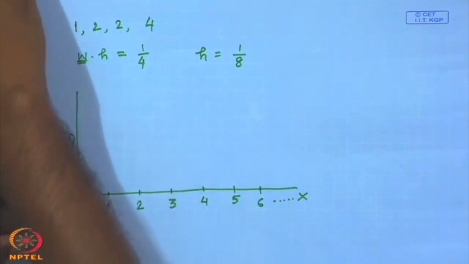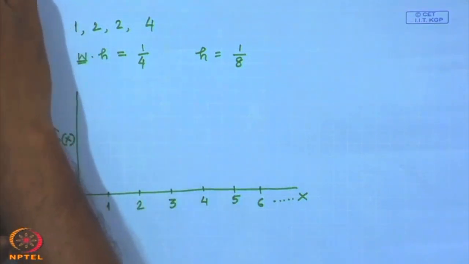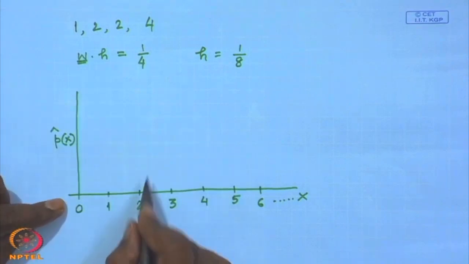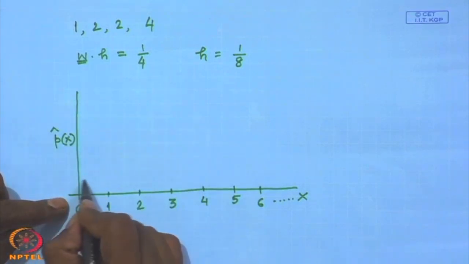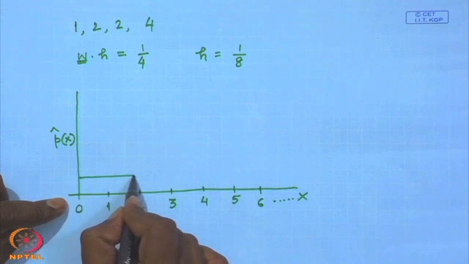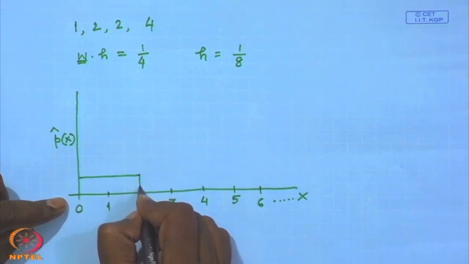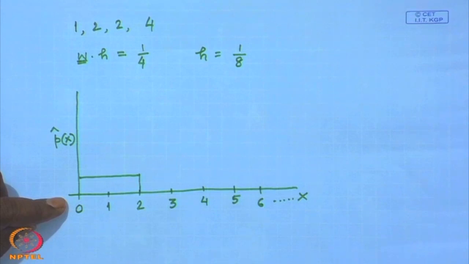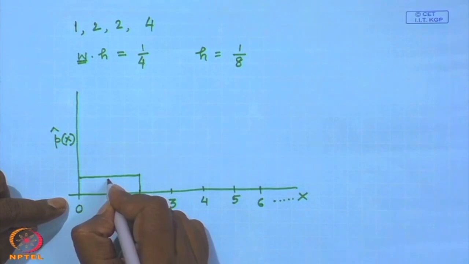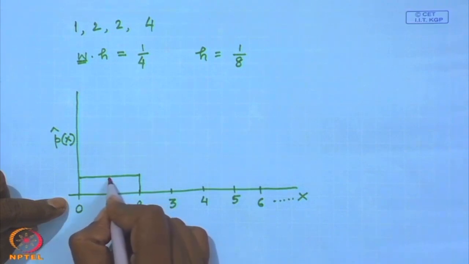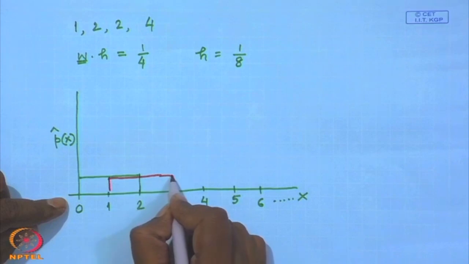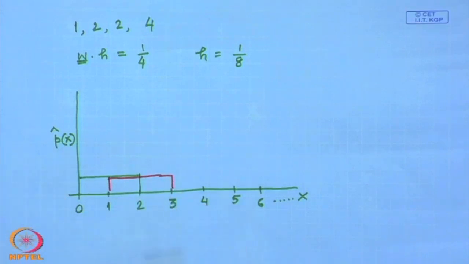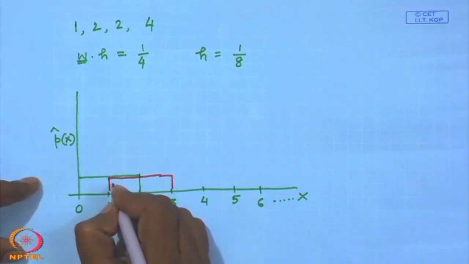Okay. So, here I will put a window of width 2 and height 1 upon 8 at location 1. So, this window will span from x equal to 0 to x equal to 2. I place two windows of the same height and same width at location 2. So, I will have one window spanning from x equal to 1 to x equal to 3, because width is 2. So, this is one window and this is another window.